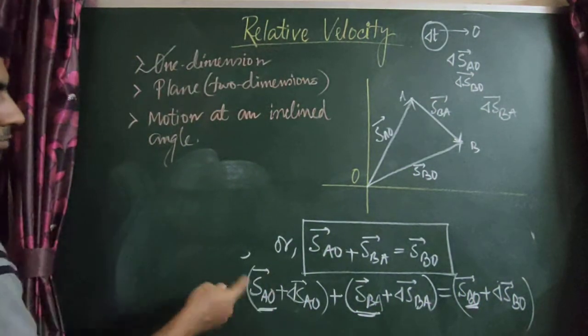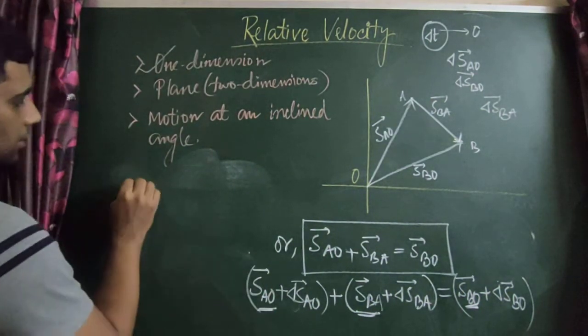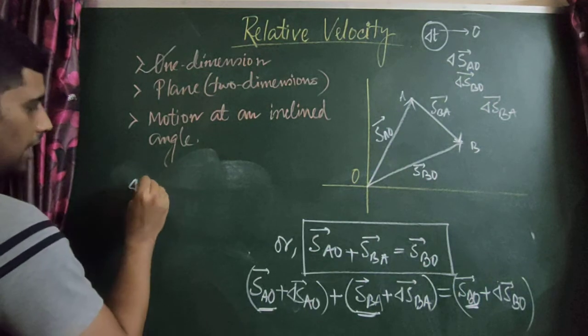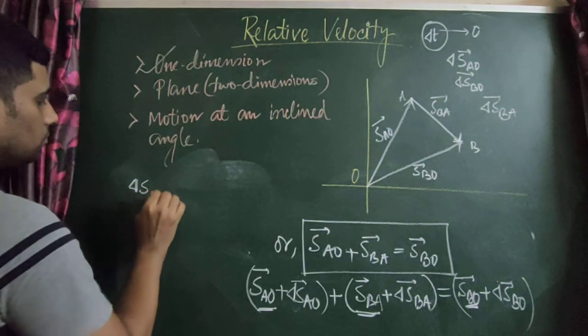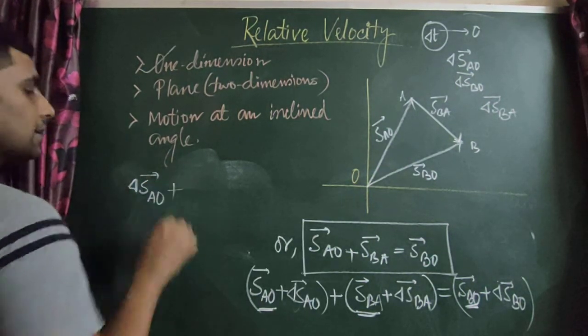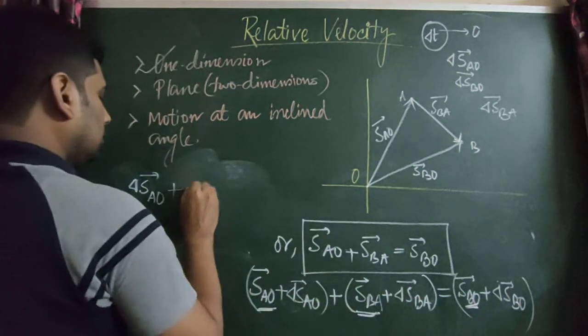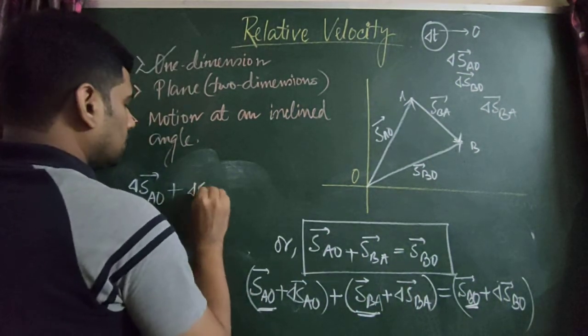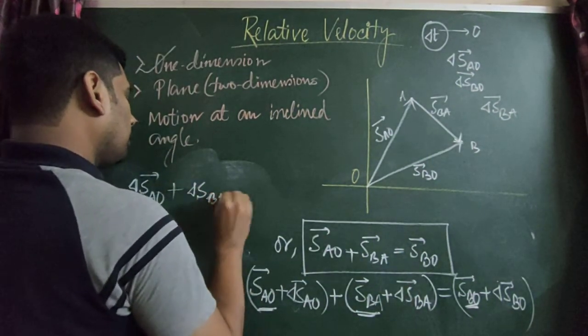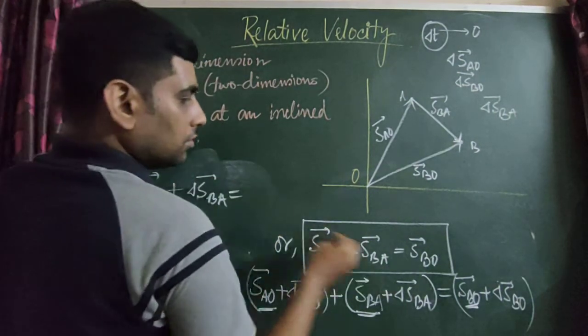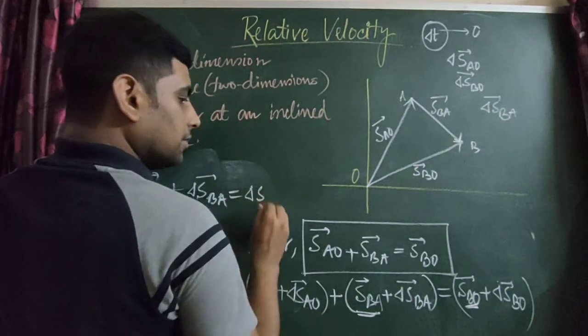So what remains from this equation is delta SAO plus delta SBA is equal to delta SBO.